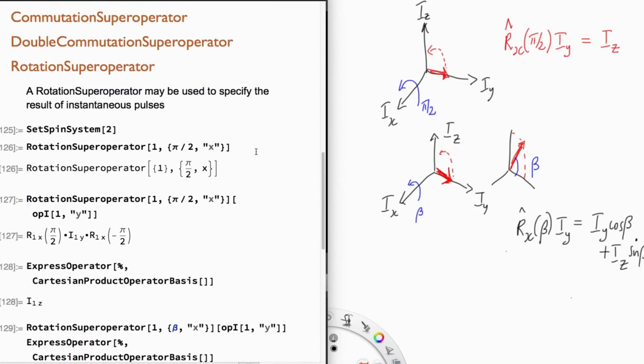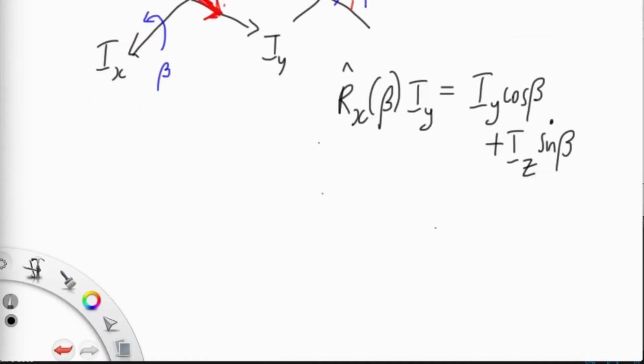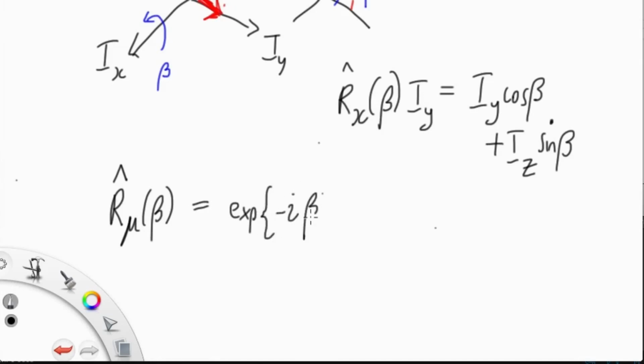Right, so that's the rotation superoperator. As I said before, rotation superoperators are given in the technical mathematics, which I'm not going to go into, but the rotation superoperator about a general axis, denoted here mu, is given by the exponential of minus i times the rotation angle times the commutation superoperator of angular momentum along that axis.